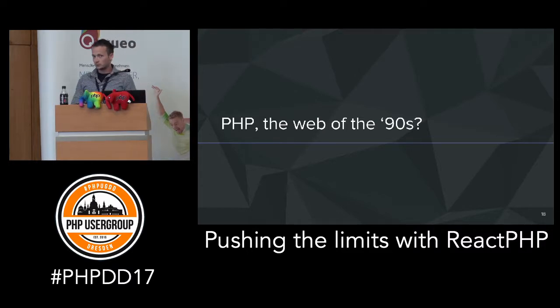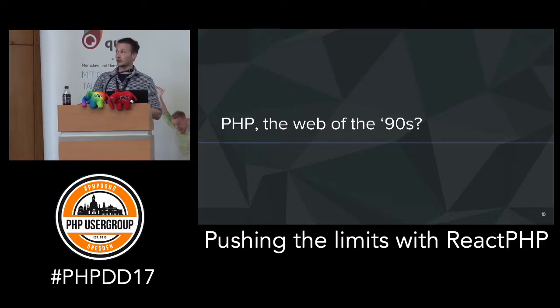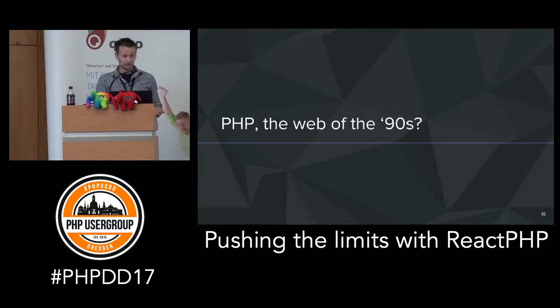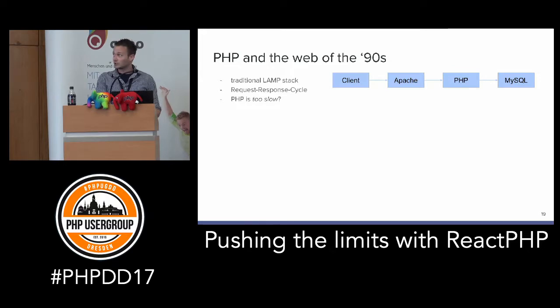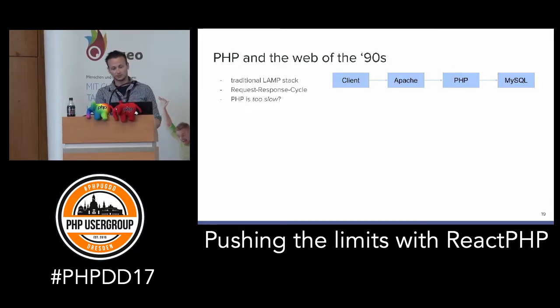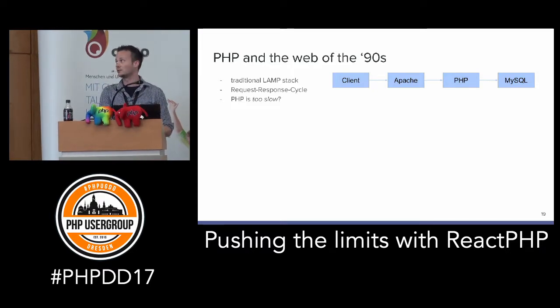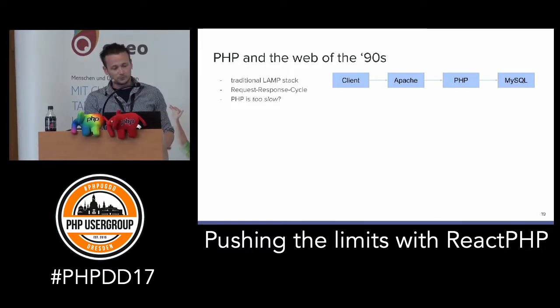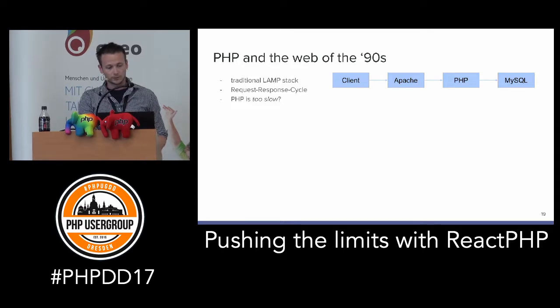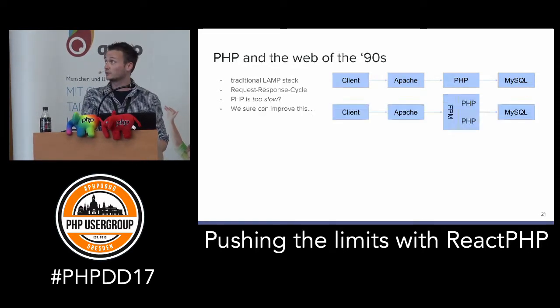So let's start with a very short introduction. What does your average PHP application look like? Is PHP actually the web of the 90s? In a traditional LAMP stack, you end up with a client, your web server, your PHP process, and perhaps a relational database that are interconnected. And if PHP looks too slow, there are a couple of ways to improve the situation.